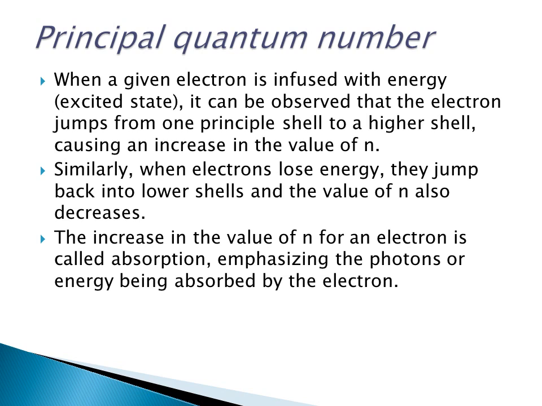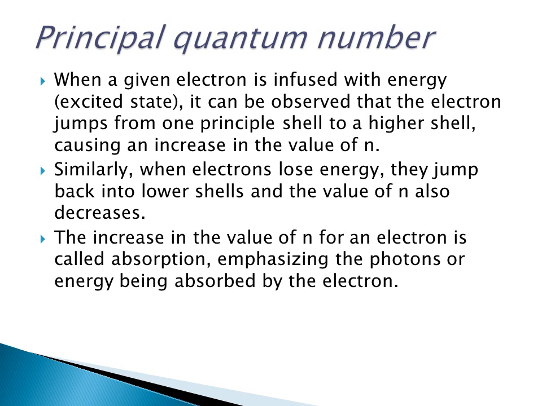Similarly, when the electron loses energy, once the electron goes into an excited state, it has absorbed energy. But when the electron jumps from a higher excited state to a lower excited state, it emits energy in the form of waves. At that time, the value of n decreases.